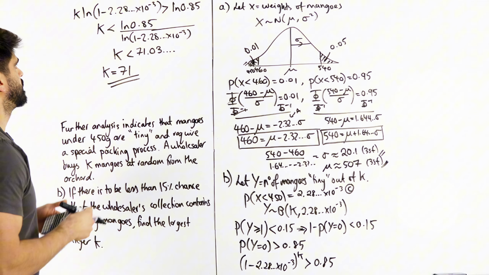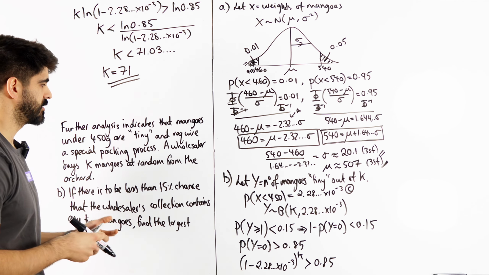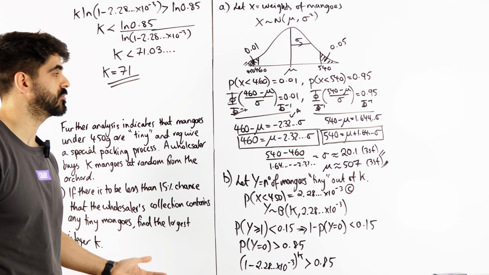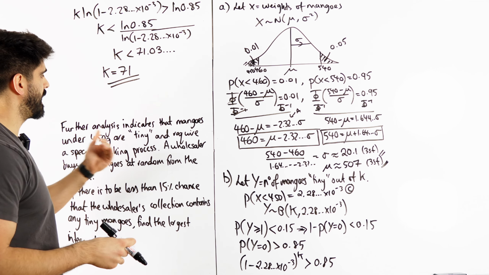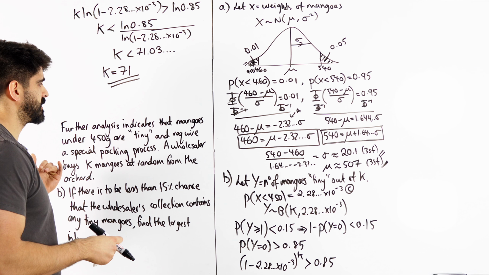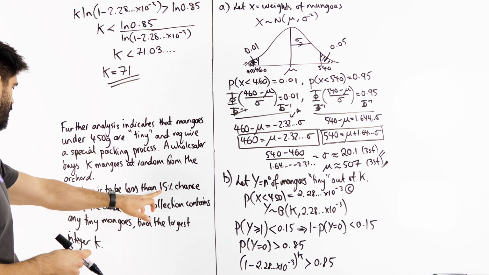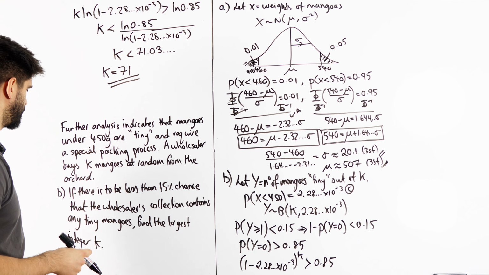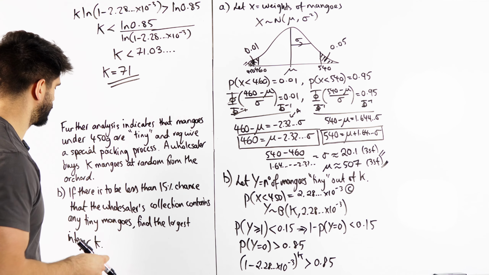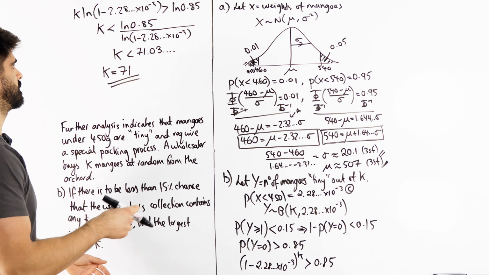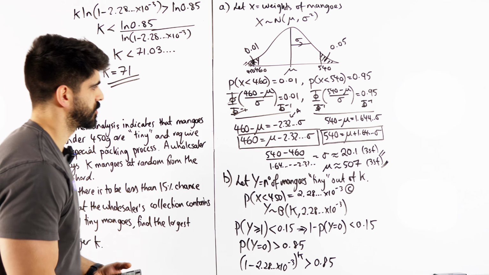Okay, and that's it. That is a tough question. So what have we just found? We found if we had a box of 71 mangoes, you have less than a 15% chance that this collection has any tiny mangoes. And that is it. So 71 is your solution.